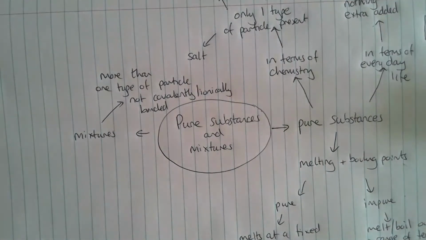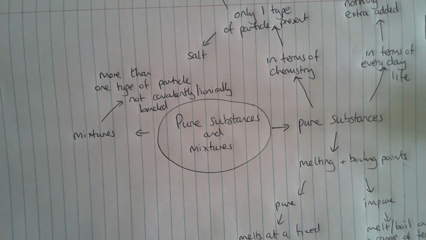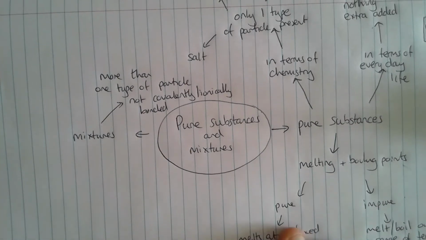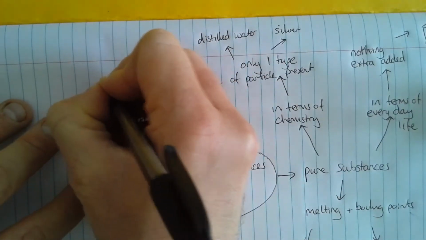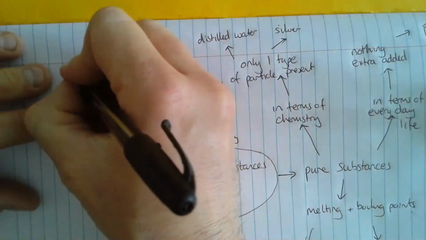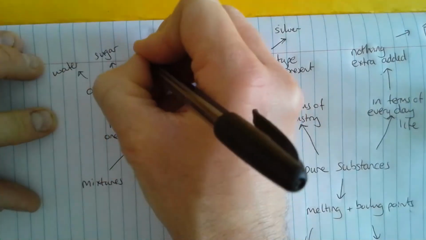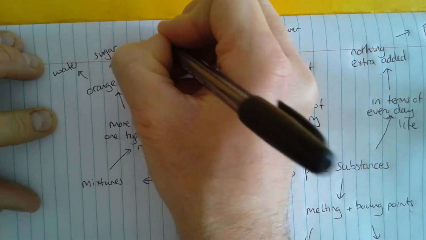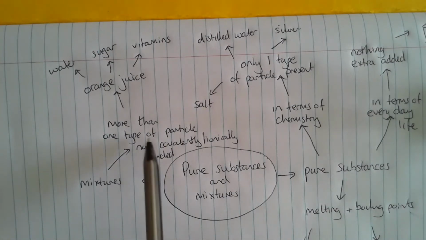So these particles aren't bonded to each other, and we'll deal with these words covalently and ionically later. So if we go back to our example of orange juice, whilst we've called it a pure substance in everyday use, in fact it's a mixture. Orange juice is a mixture of water, sugar and some other chemicals which we actually need for our bodies, so we call them vitamins. So a mixture is more than one type of particle not covalently or ionically bonded.